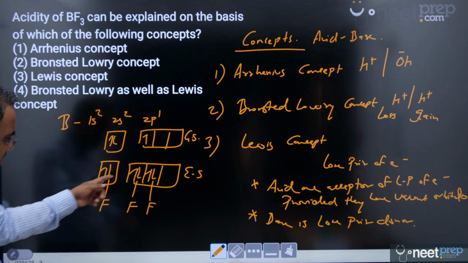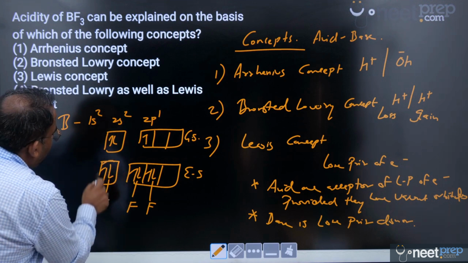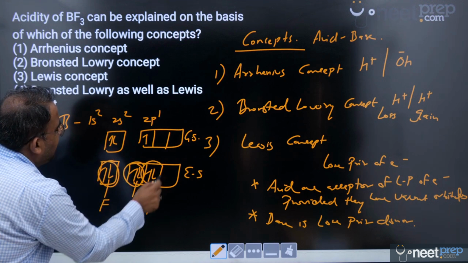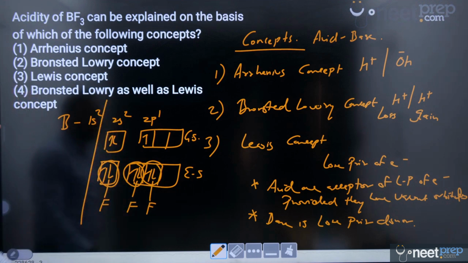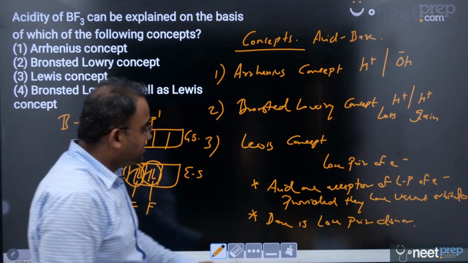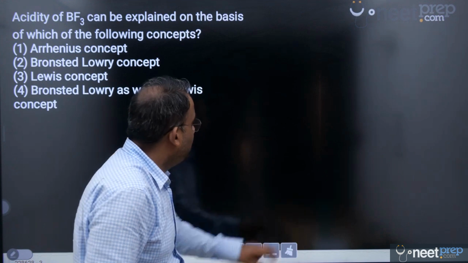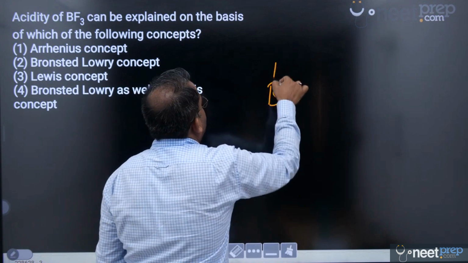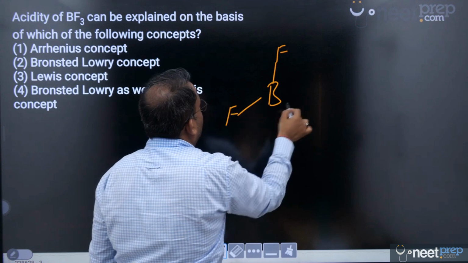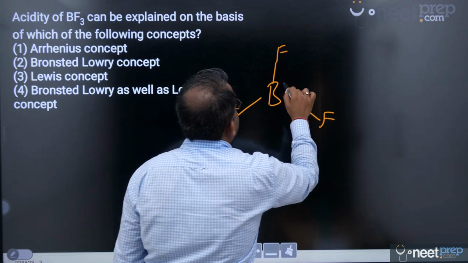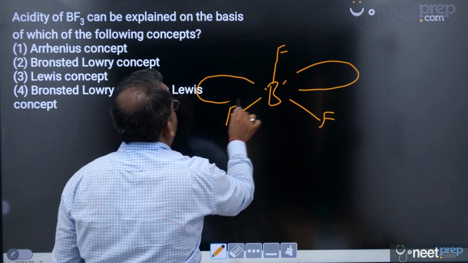But even you see over here, even after doing bonding in the excited state, boron is unable to complete its octet. It still has a vacant orbital, which is kind of a concern as far as boron is concerned. It has a vacant p orbital.